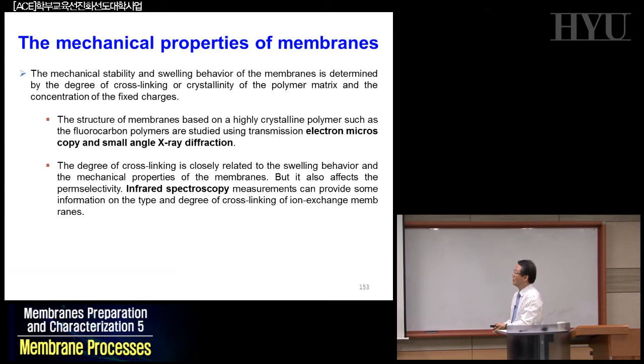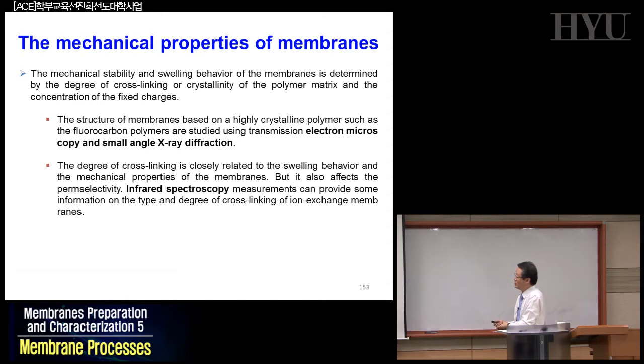Usually, you can measure the mechanical property, but the other techniques such as crystallinity can be detected by the electron microscopy, particularly TEM, or small angle X-ray diffraction patterns. Okay?